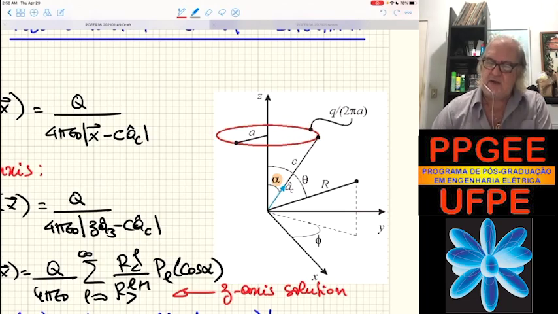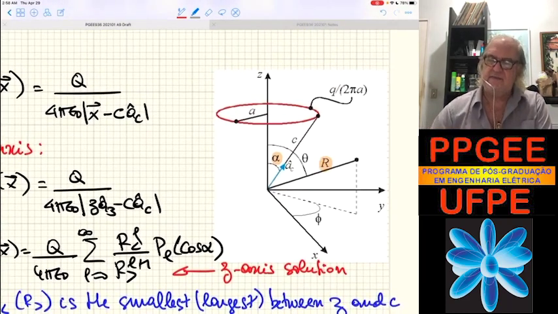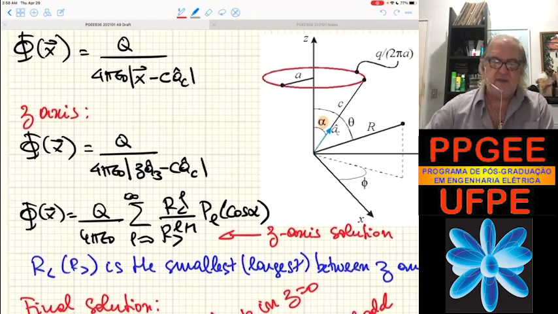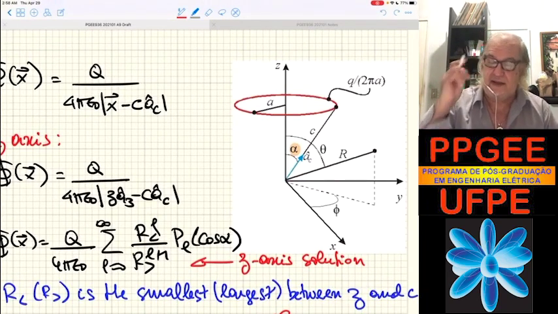And I want to calculate the solution anywhere, right? Well, what do we do? First, I calculate on the z-axis. Then I use the technique to find the general solution. On the z-axis, you can now use the inverse function, okay?